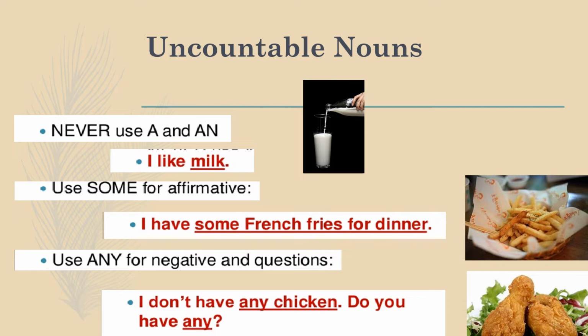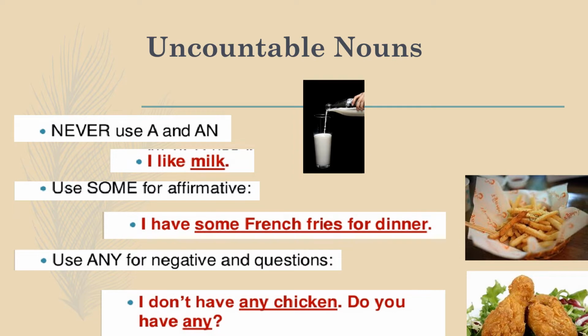Rule number 3, use any for negative and questions. If I want to ask using uncountable nouns or I make some sentences negative, I use any instead of some. For example, I don't have any chicken.